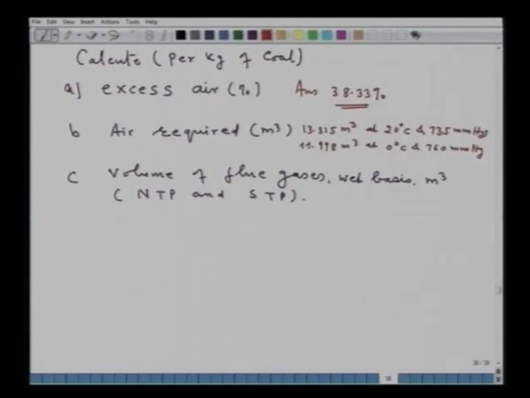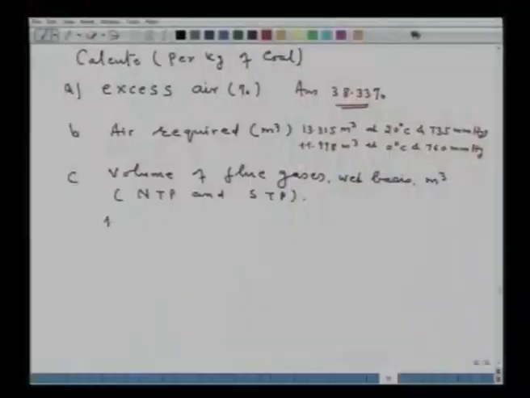Then you have to find out the volume of flue gases. Remember, as I said earlier, the volume of flue gas is the dry volume plus H2O due to reaction between hydrogen and oxygen plus moisture of the fuel. If you perform this, the volume of the flue gas comes to 12.148 meter cube at 0 degree C and 760 millimeter mercury.